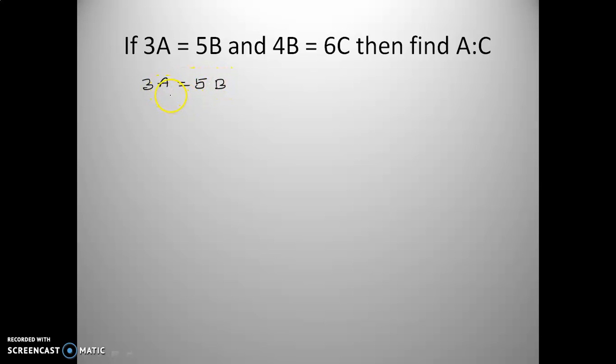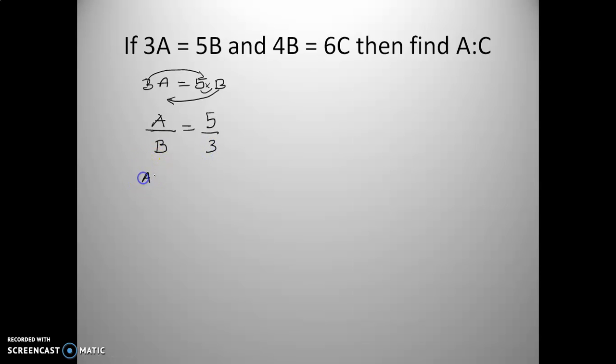By transposing in an equation, it's an equation in 2 variables, isn't it? So I can transpose. I am going to transpose B and then 3 to this side. How does it get transposed? See, it is in multiplication here, so when it comes to the left hand side, it is in division. Similarly, here we will have 5 by 3.